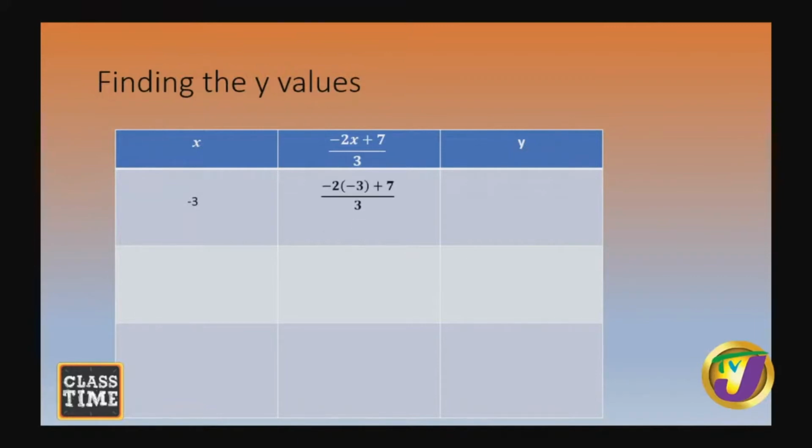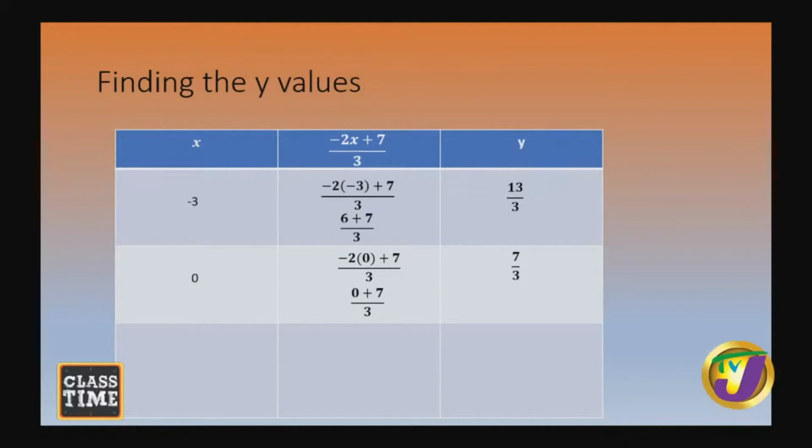That gives 6 plus 7, all divided by 3, which is 13 thirds for y. If I substitute 0 for x, that would be -2 multiplied by 0 plus 7, all divided by 3, which is just 7 thirds for y.